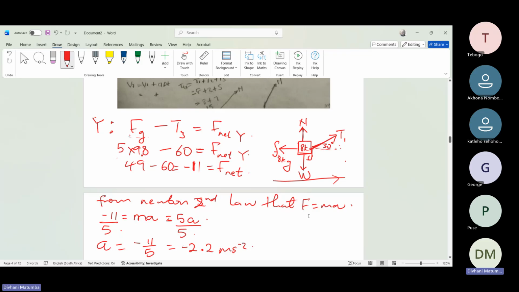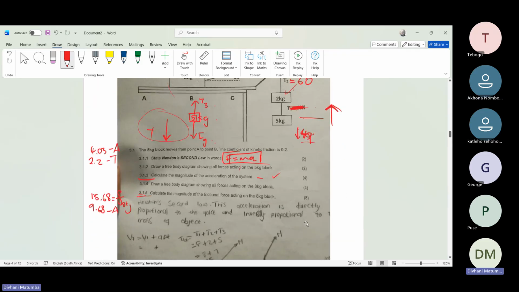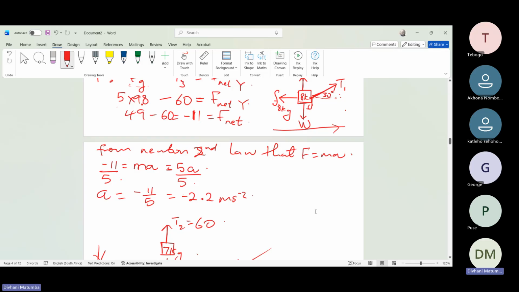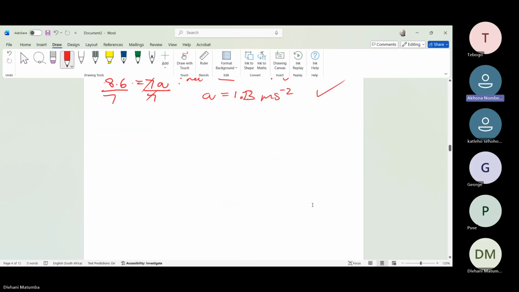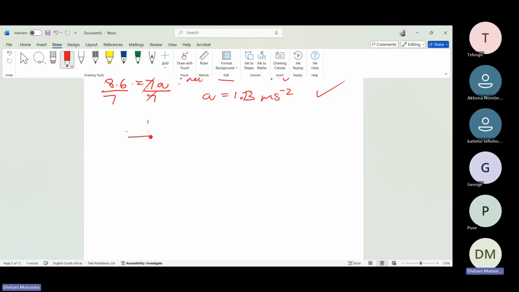So I'm going to take that and try to solve for the frictional force. If I have a free body diagram, I have friction, I have normal force, I have weight, I also have tension T1, which is acting at 30 degrees.